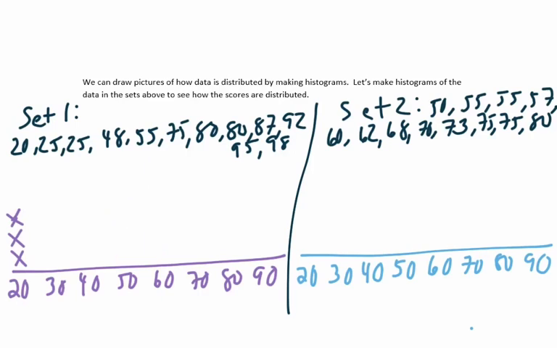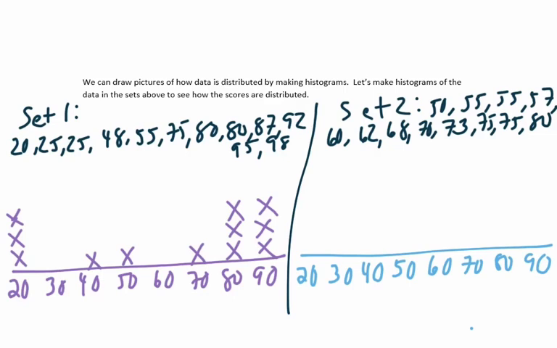I have no numbers in the 30s. I have 1 in the 40s, 1 in the 50s, none in the 60s, 1 in the 70s, 3 numbers in the 80s. And if I do this well, the column for the 3 X's for the 80s should be the same height as the column of 3 X's for the 20s. And then I have 3 numbers in the 90s.